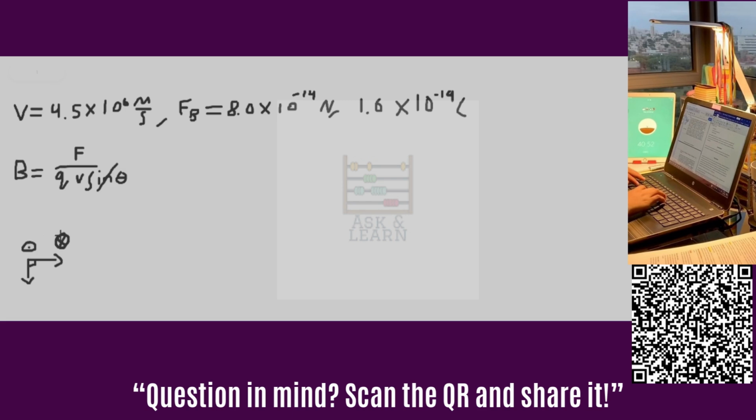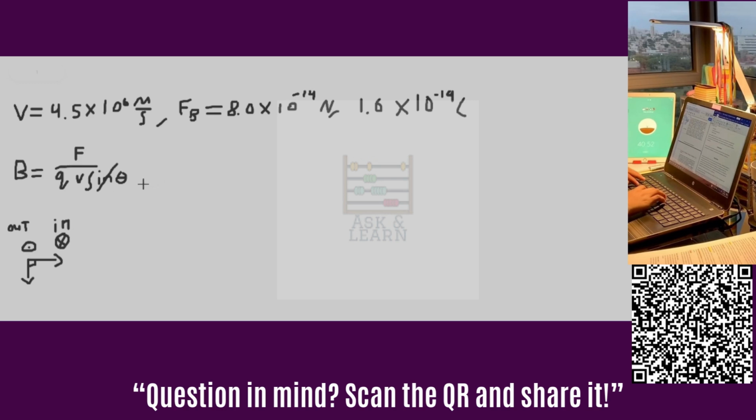This is out of the page, this is in. Okay, so now we have direction squared away. We can calculate this out.